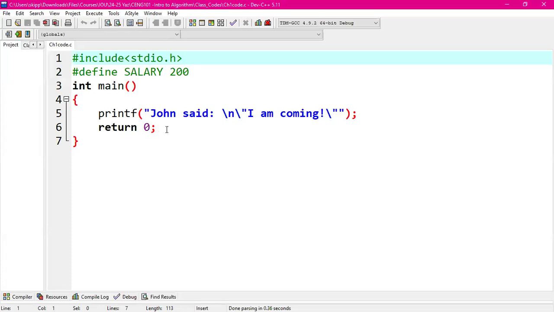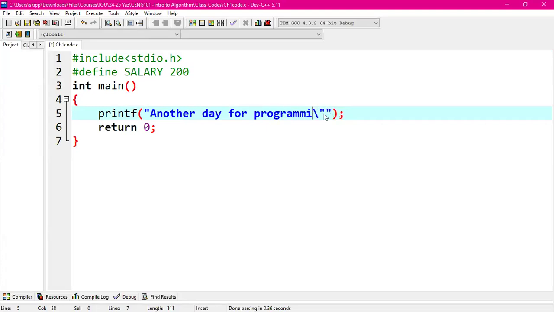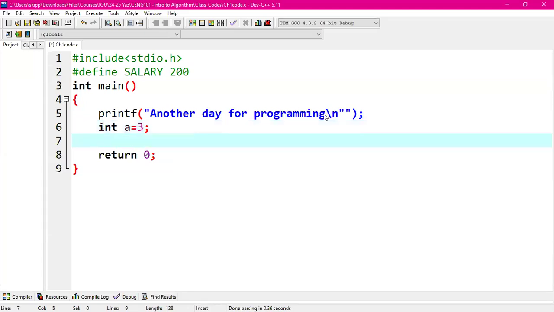All right. So let's do a new thing. Let's say int a is equal to 3.